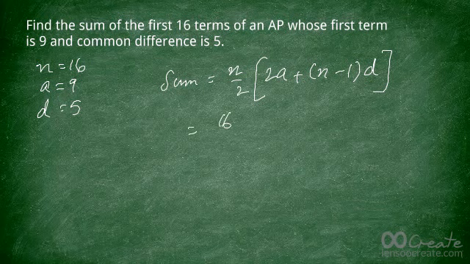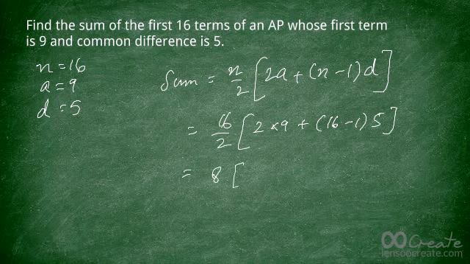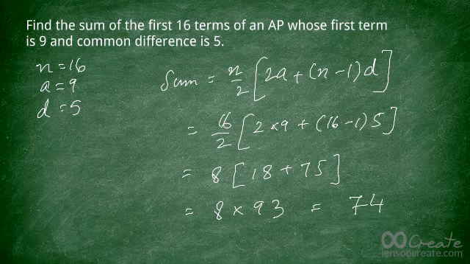That's going to be 16 over 2 into 2 times 9, plus 16 minus 1, times the difference, which is 5. And that gives you 8 times 18 plus 15 times 5, which is 75. That gives you 8 times 93, which is equal to 744. So the answer is 744.